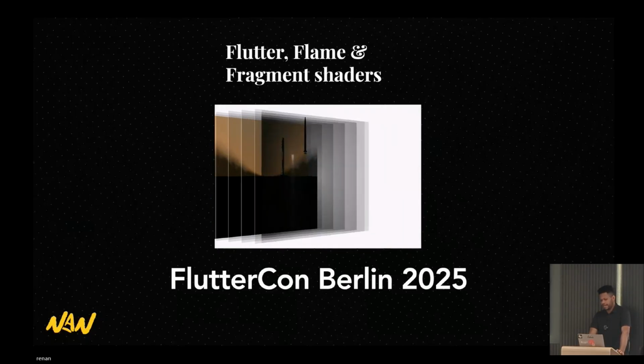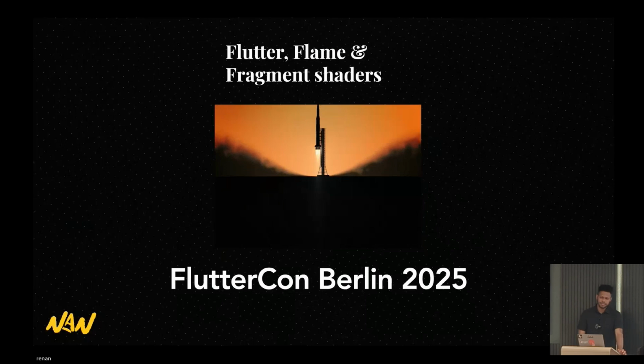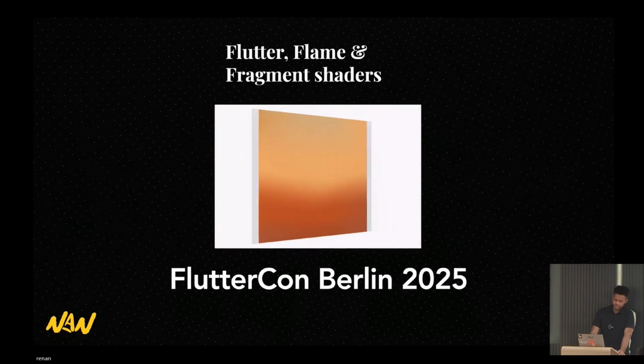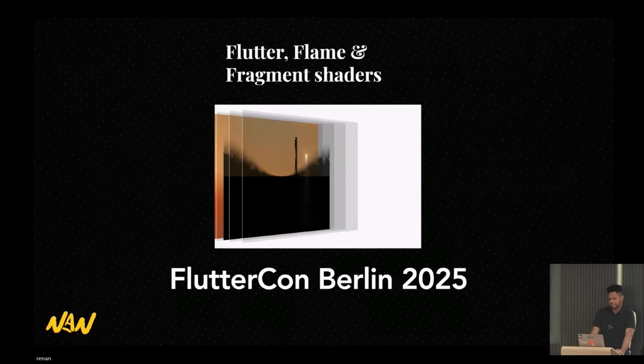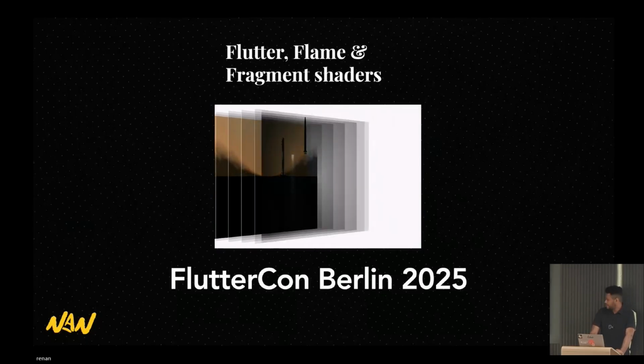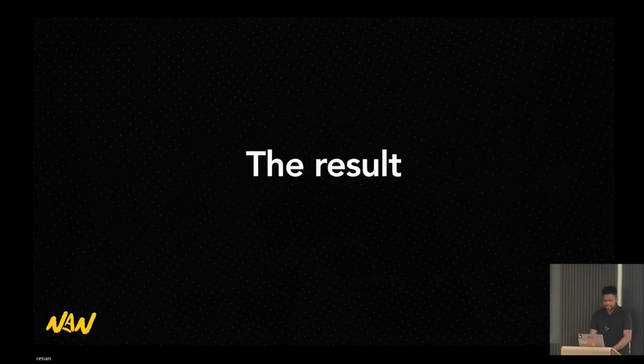If you are interested in that, I covered Flame, but the talk also covers post-process on Flutter widgets, so that can be interesting as well. We apply several different layers of fragment shaders to get just one effect, as you can see in the image. But yeah, just a call out. So let's see how this works.